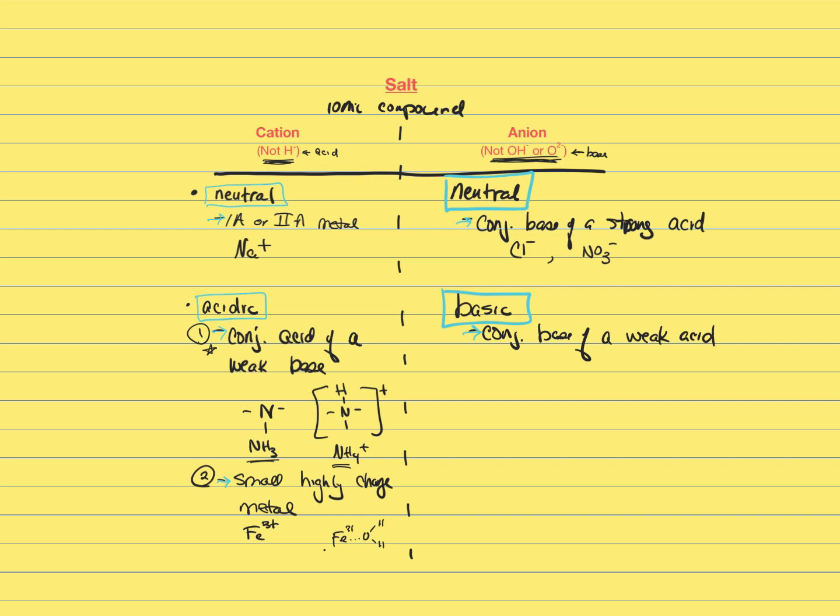Those are our choices. Now we have to decide whether the salt is acidic or basic. What happens if a neutral cation gets together with a neutral anion? Well, we would have a neutral salt. What if the neutral cation got together with a basic anion? Well, we would have a basic salt.